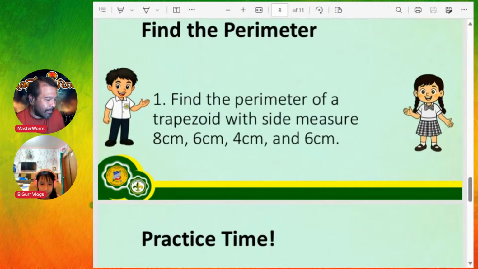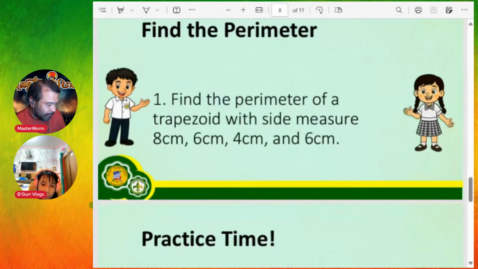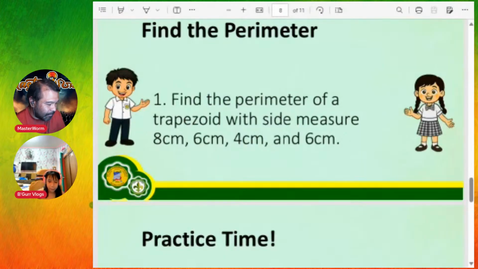Find the perimeter, please. So the perimeter is you add everything. You add the 8, 6, 4, and 6. Do you have your paper there? I want you to answer. Please get a piece of paper.